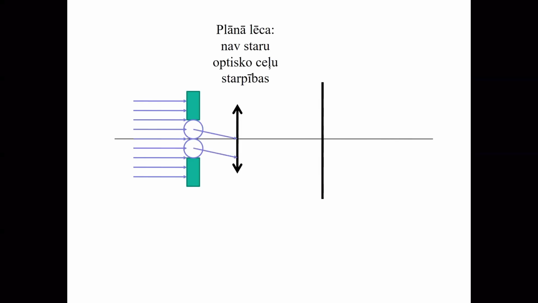Now we are going to consider two beams. They are in parallel. Because of the refraction, they must be focused somewhere here, but they have different ways or different runs. This one is shorter, and this one is longer. However, we know that the light beam is actually a wave.